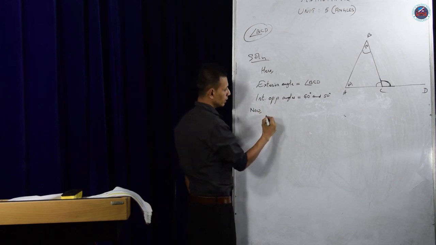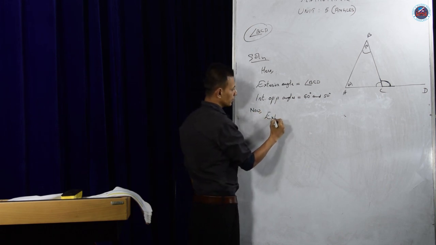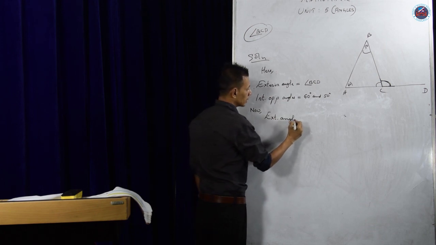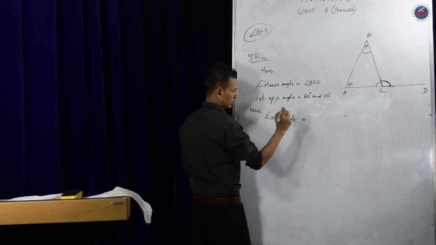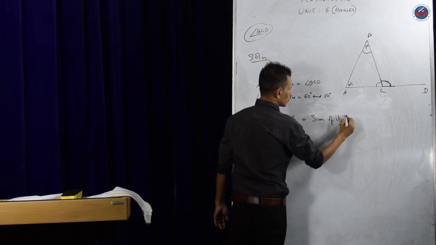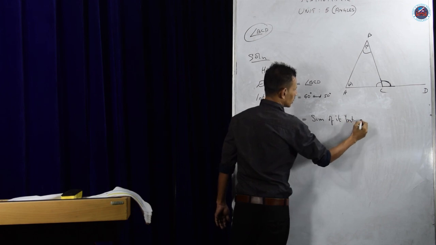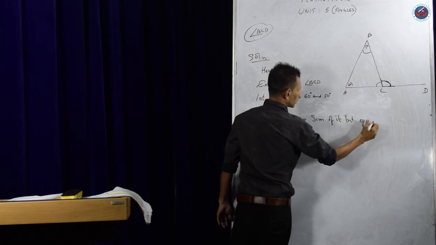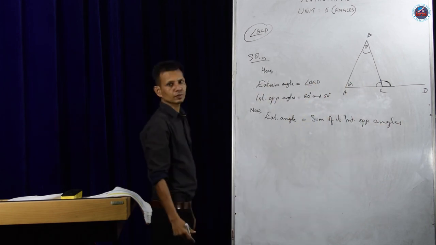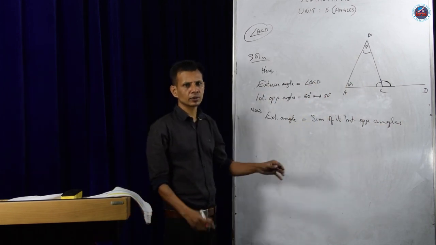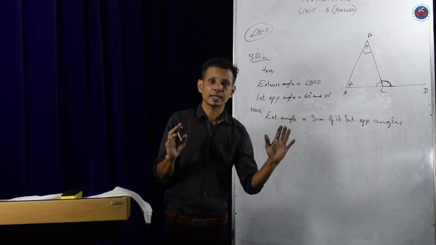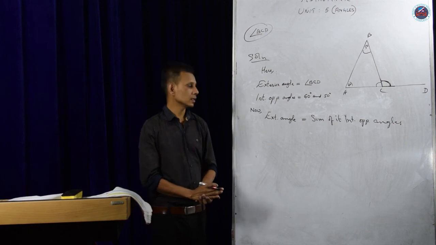Anything you can write? Formula. Exterior angle is equals to sum of its interior opposite angles. Formula by heart this, or you can write the formula, all the important formula you write down, you color it nicely and paste on the wall.